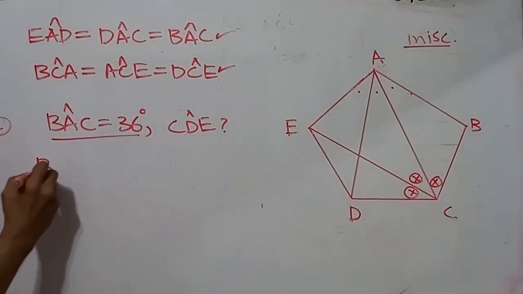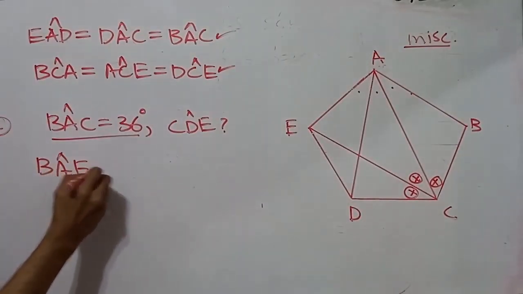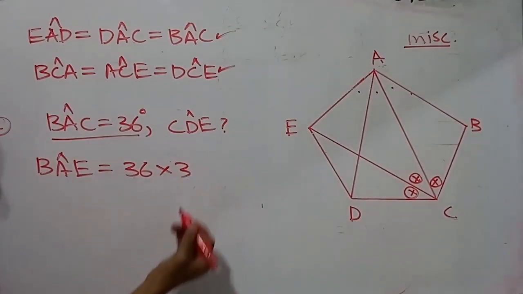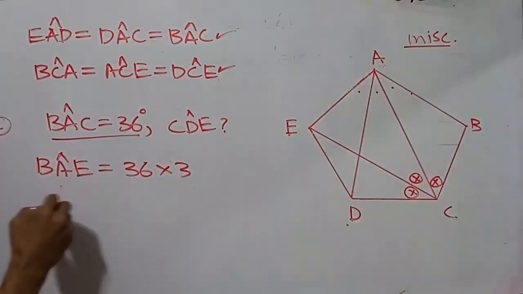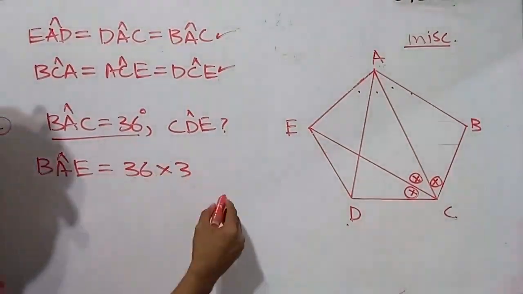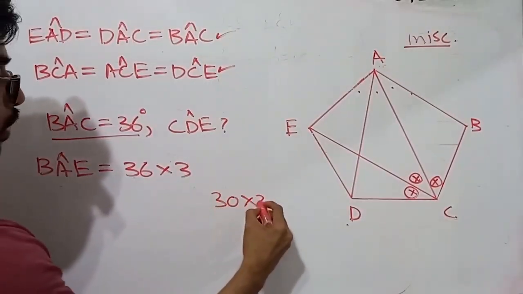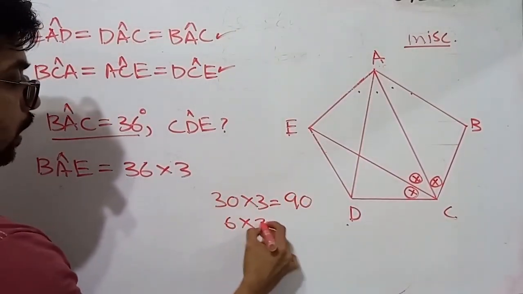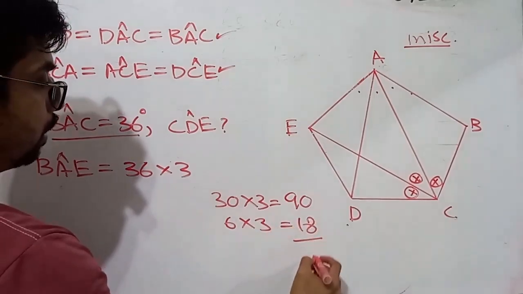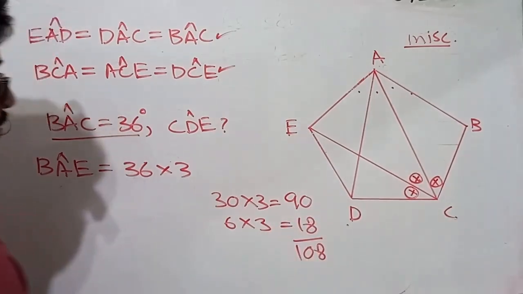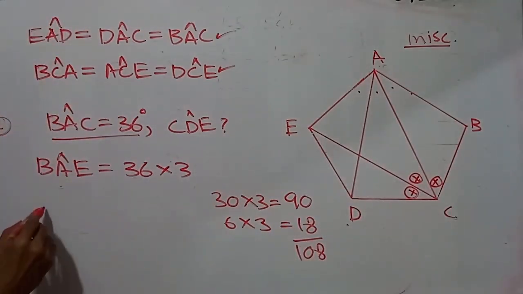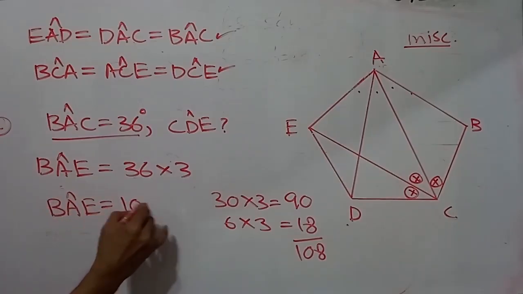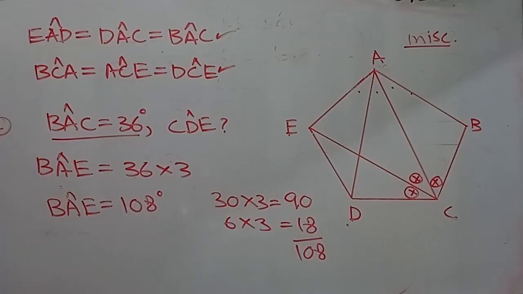So BAE is what? 36 into 3. 30 into 3 is 90, 6 into 3 is 18. When we add this together, we get 108. So BAE angle is equal to 108 degrees.